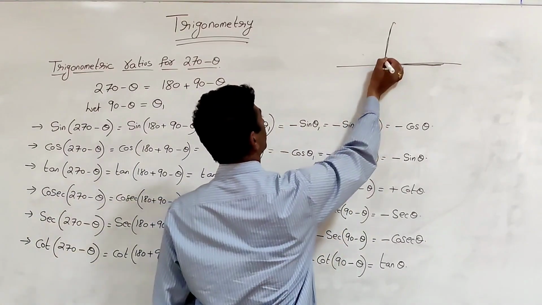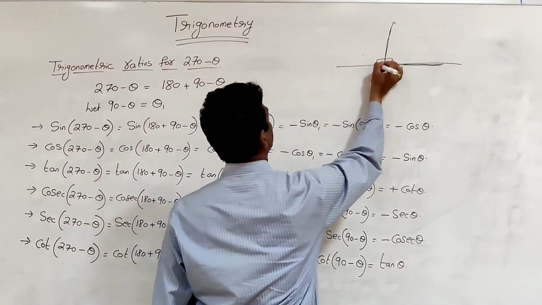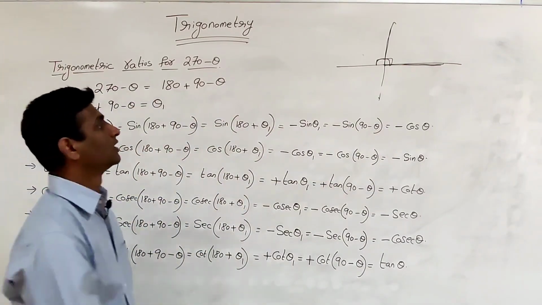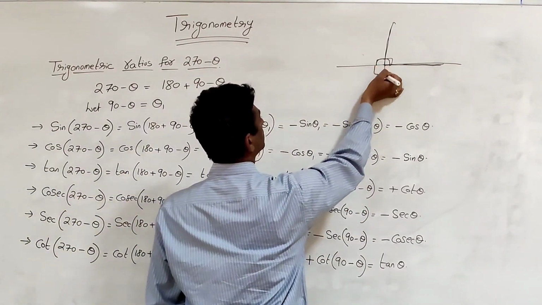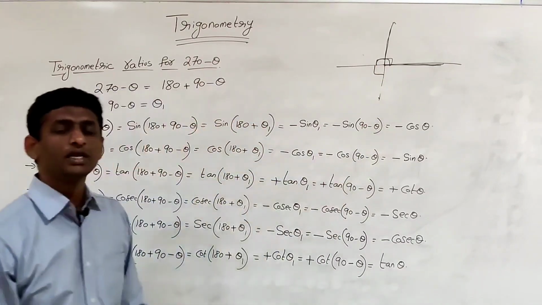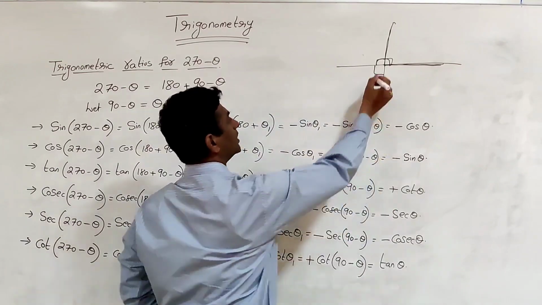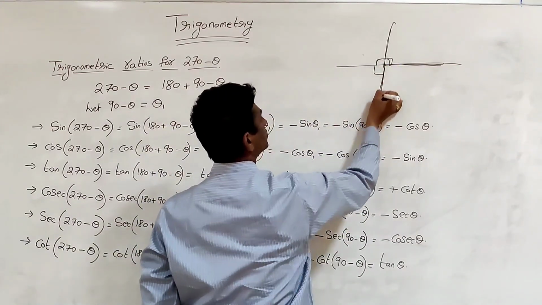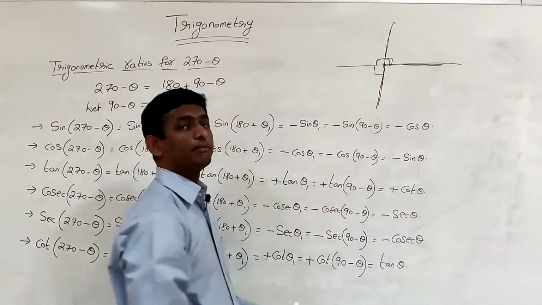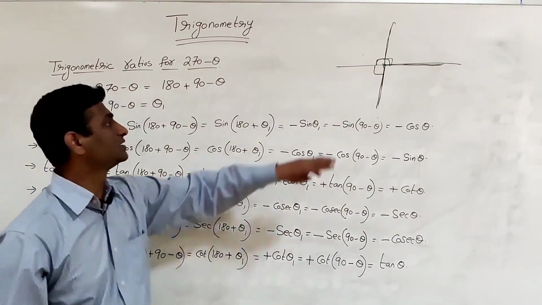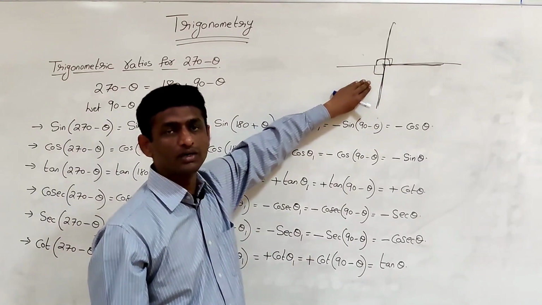Again, if you observe this, then it is a straight line. The angle in a straight line is 180 degrees. Next, if you add one more 90 degrees, it gives 270. So it will be 180 plus 90. This is the angle 270. 270 minus theta means we are removing an angle from 270, so it lies in the third quadrant.